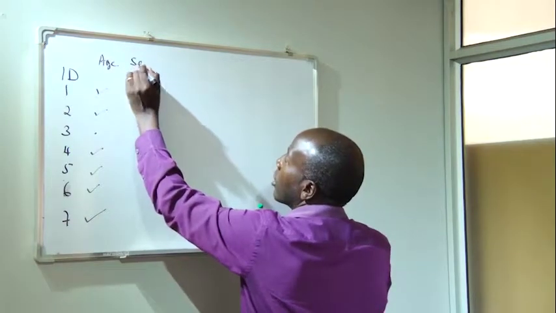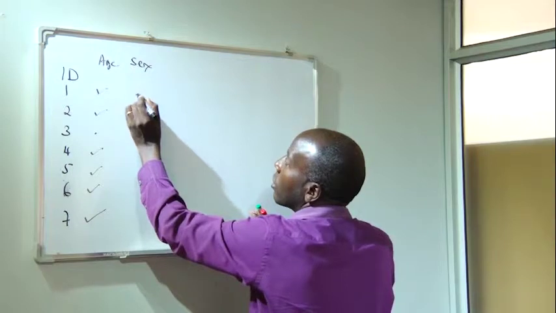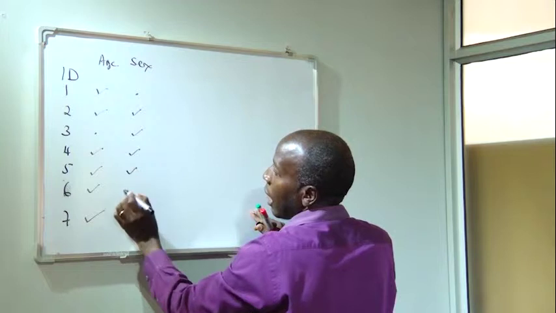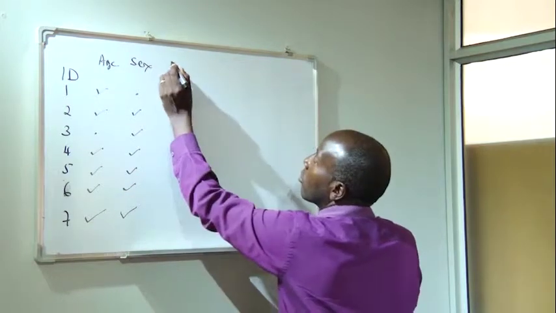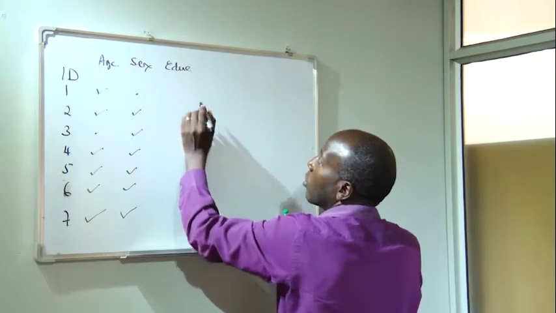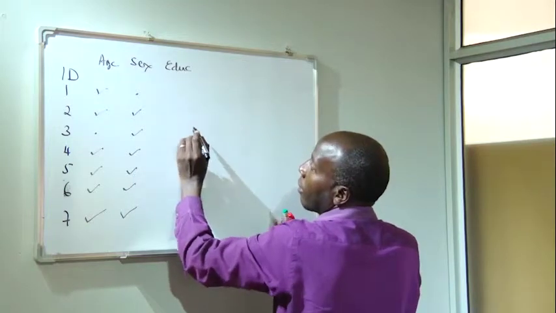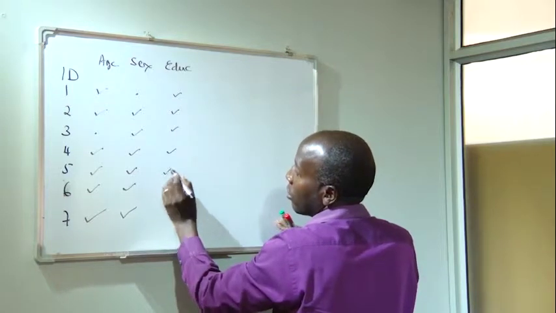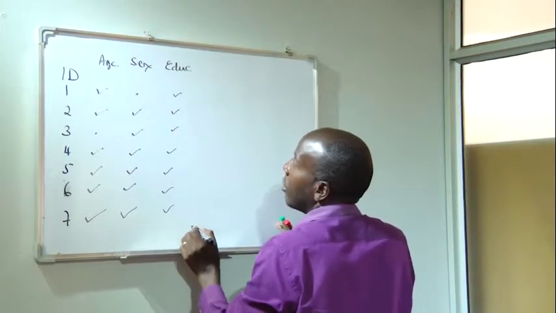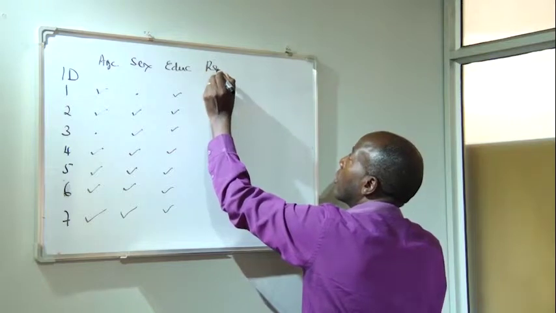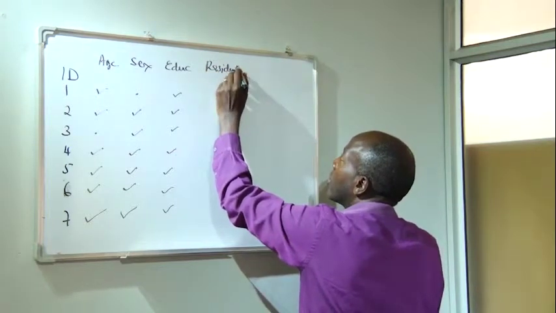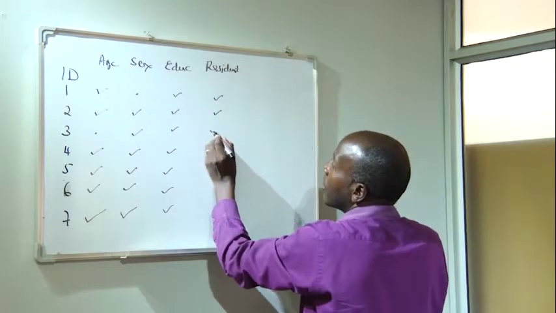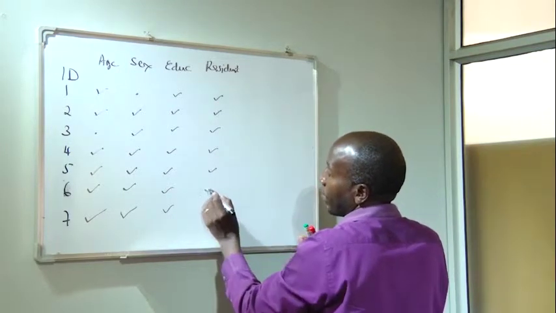Then we come to sex or gender. This one is missing, it wasn't collected or it wasn't recorded, everybody else has it. Then we come to education, and everyone has education. Everyone of the 7. Okay? Then we come to residence or resident status, and everybody has it except number 7.